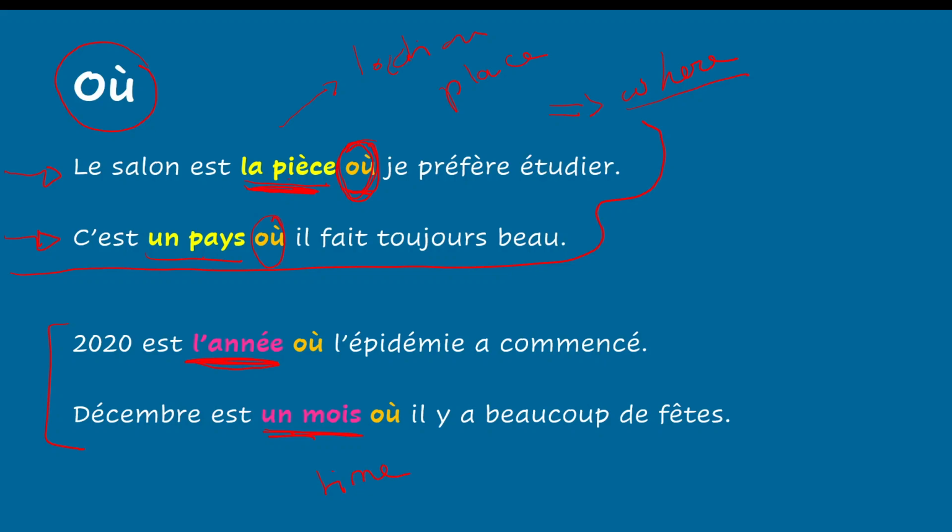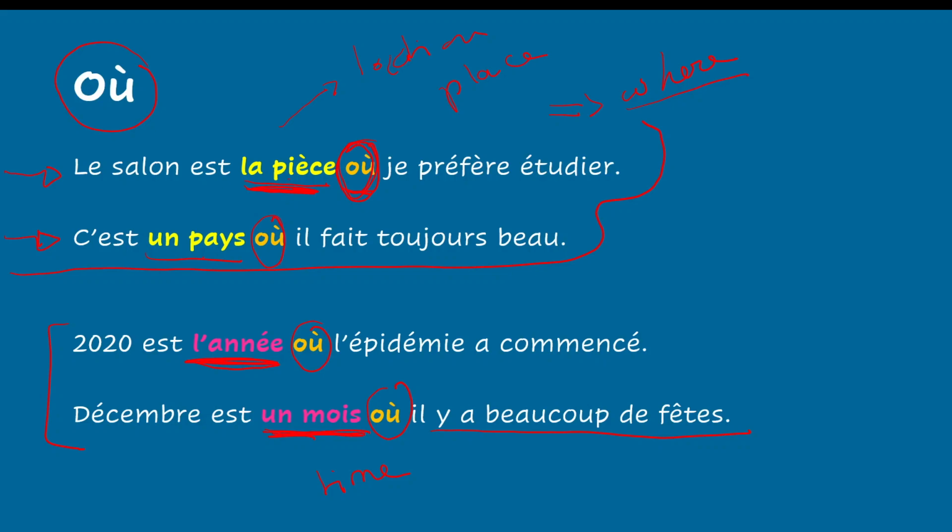So, 2020 est l'année où l'épidémie de COVID a commencé. 2020 is the year when the epidemic started. Décembre est un mois où il y a beaucoup de fêtes. December is a month when there are a lot of parties.